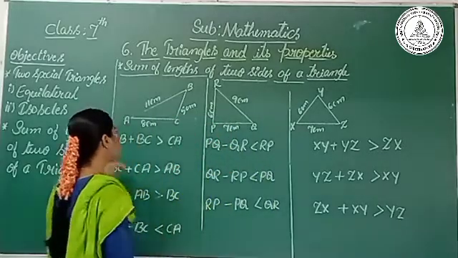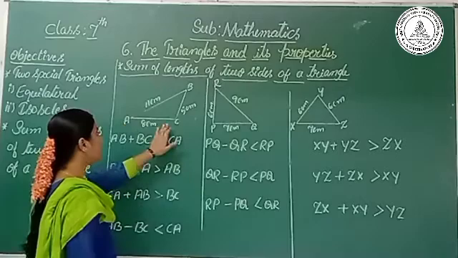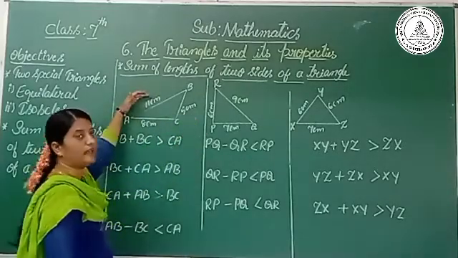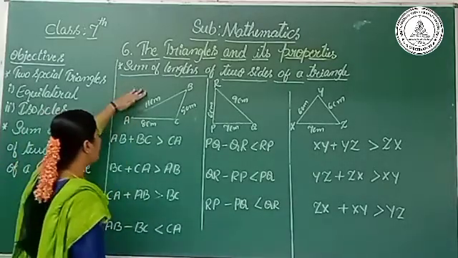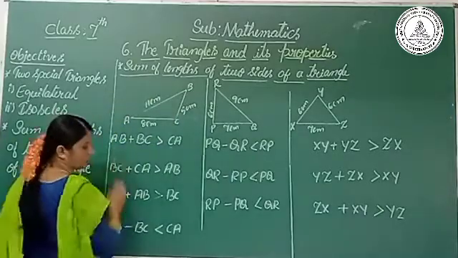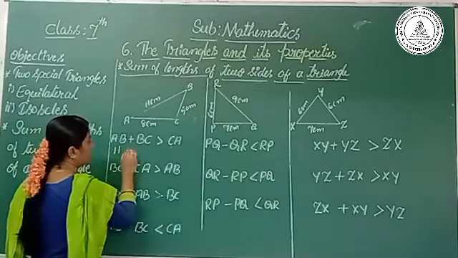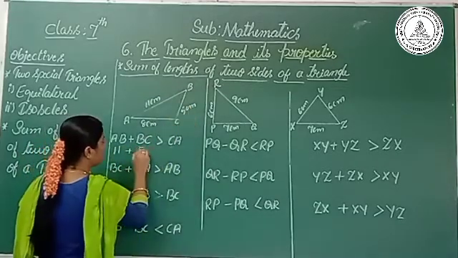Okay, then let's see here. One of the triangles, ABC, has AC 8 cm, CB 5 cm and AB 11 cm. Then can you tell me what is the sum of AB plus BC? Here AB measures 11 cm plus BC measures 5 cm.